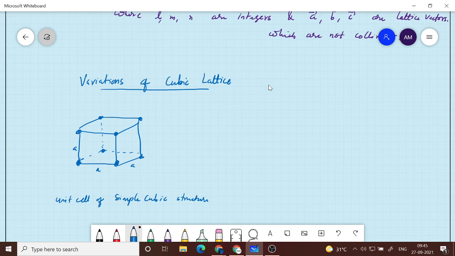Okay, so now what can we find out? One of the parameters of interest is how many atoms, or how many lattice points, there are per unit cube.